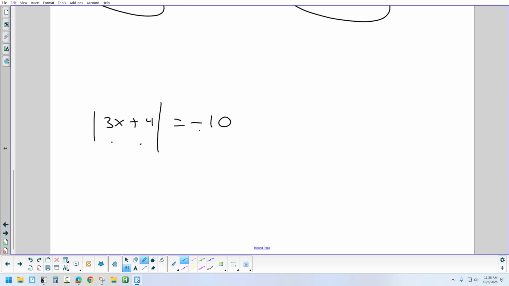That can never happen. So any solutions that you try to get using the method I show you will give you an answer of positive 10. You'll never get negative 10, but that's no solution. Now, what if I had this?